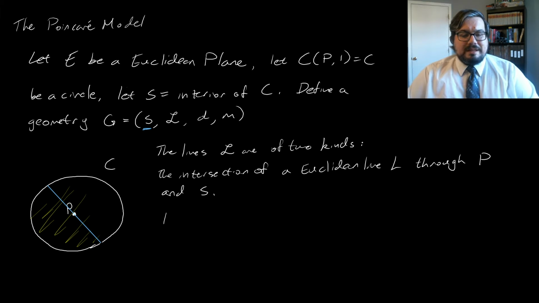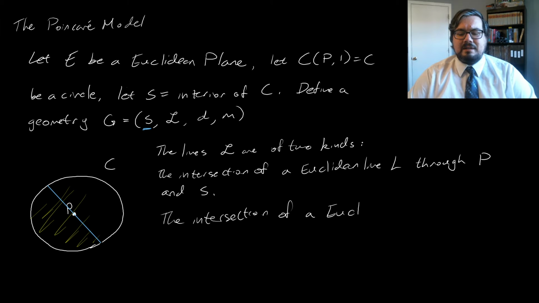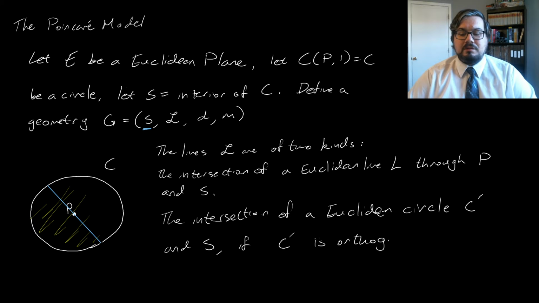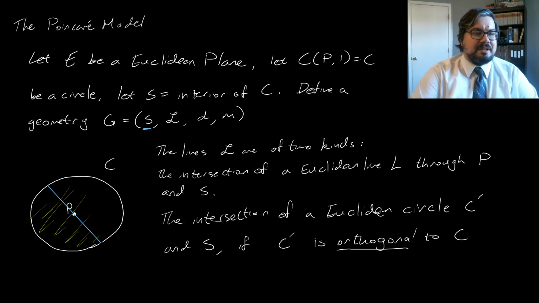And the other one is the intersection of a Euclidean circle C prime and S, if C prime is orthogonal to C. And let me just illustrate what that means.